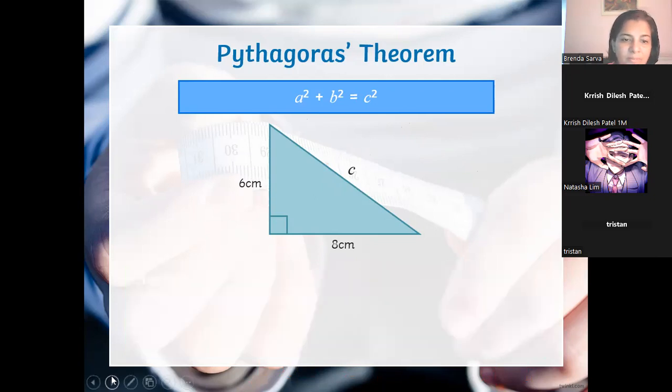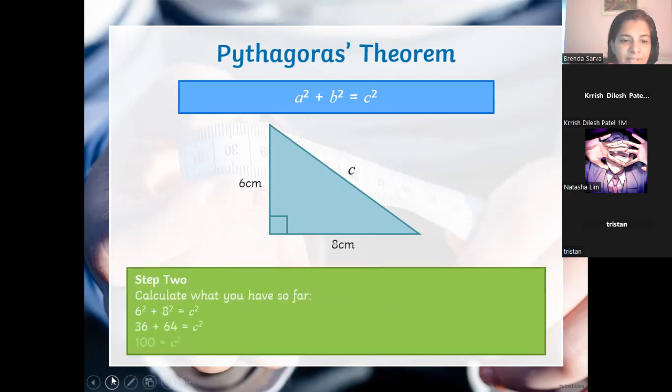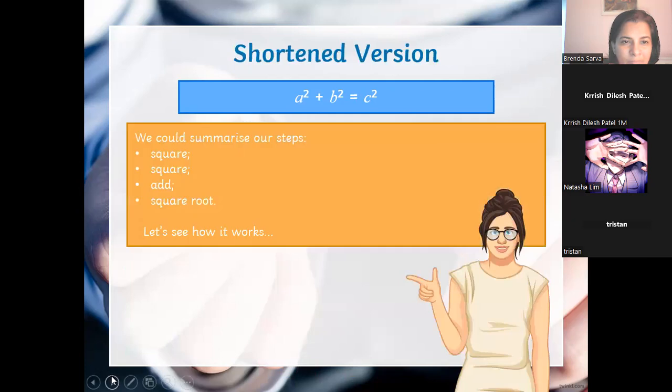It's not. So enough, I already explained already, okay? Okay. Now, how do you summarize or how do you remember it? An easy way, huh? Square, square, add, square root. Just say it again and again. Square, square, add the two answers like just now. 6 squared is 36, square it. 8 squared is 64.